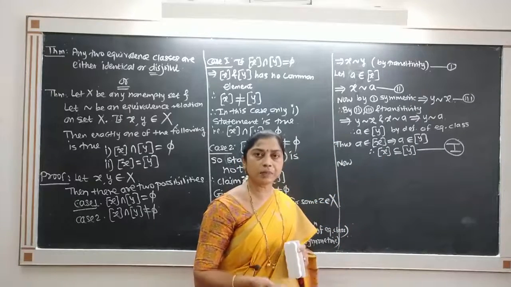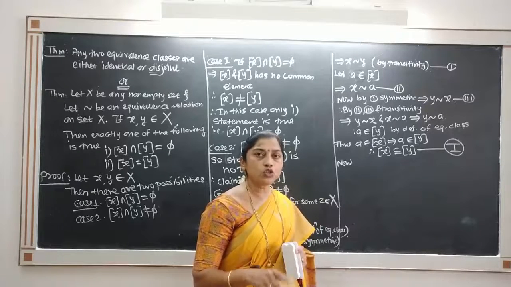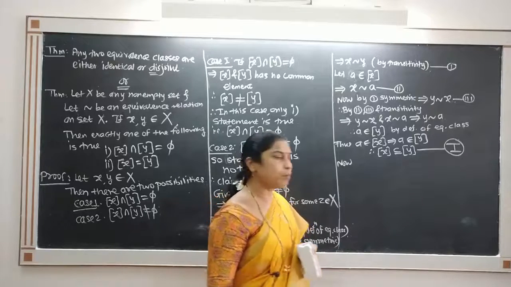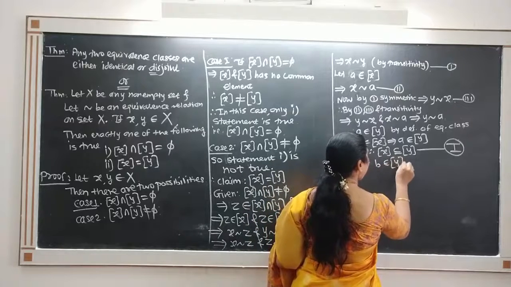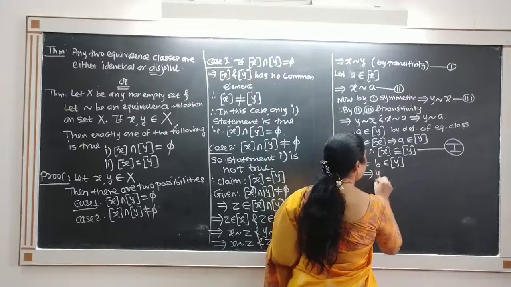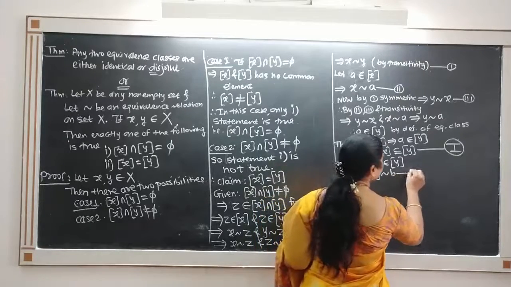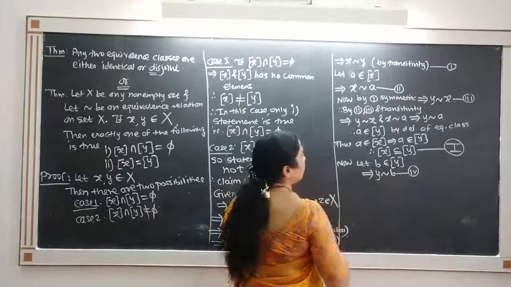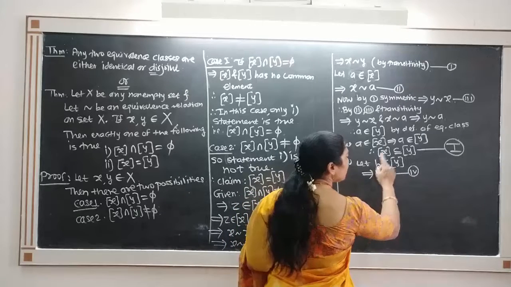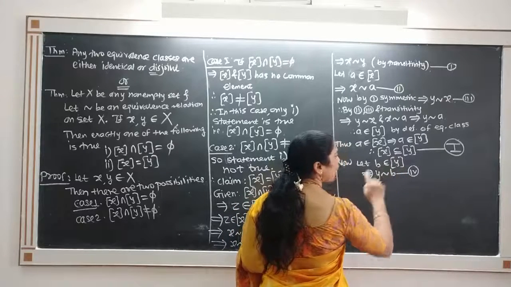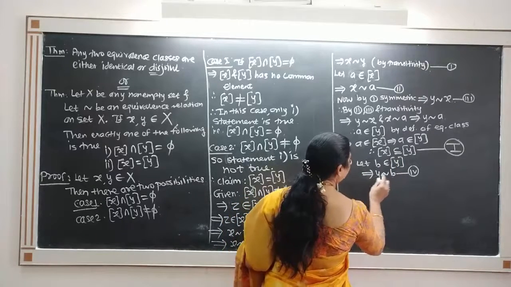Start with an element in the equivalence class of Y and prove that it is an element of the equivalence class of X. So suppose B belongs to the equivalence class of Y. This implies that Y is related with B. This is my fourth result, and we want to prove that this B belongs to the equivalence class of X. So we want to prove that X is related to B also.